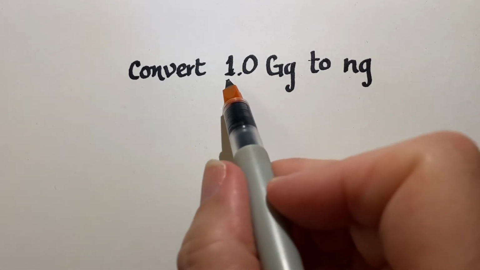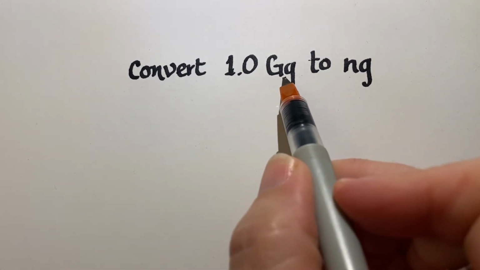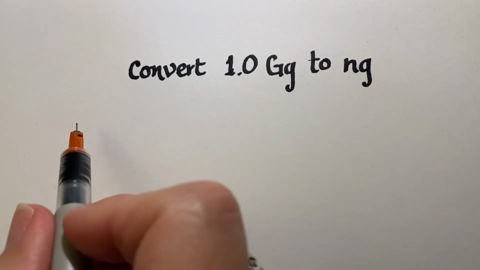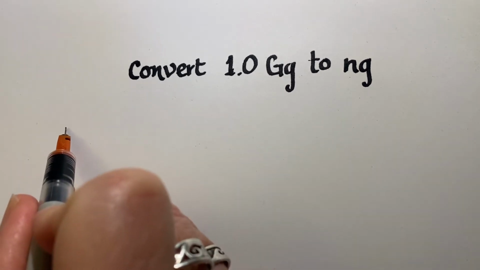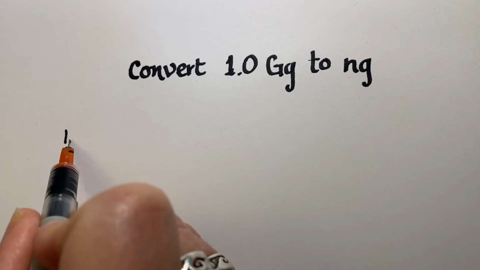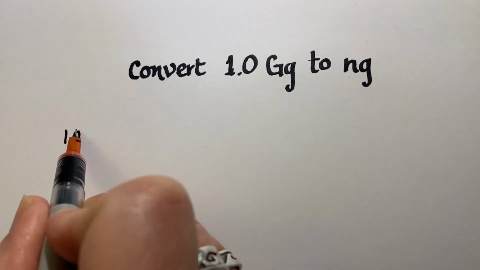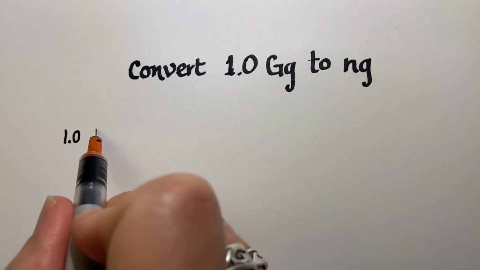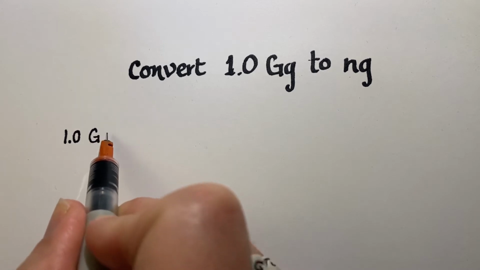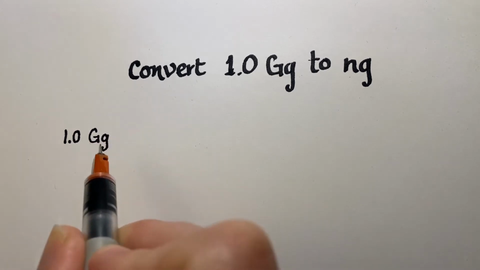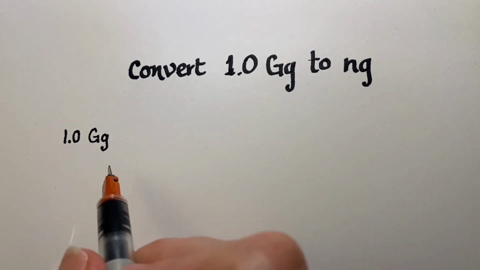So you always want to think of what you're starting with. And I always start out by just writing that out. And then I can go from there and figure out, okay, what's my conversion? Where am I going? So with this, units of gigagrams.